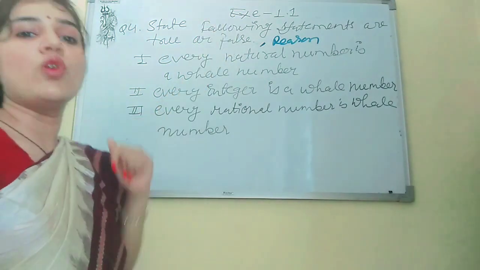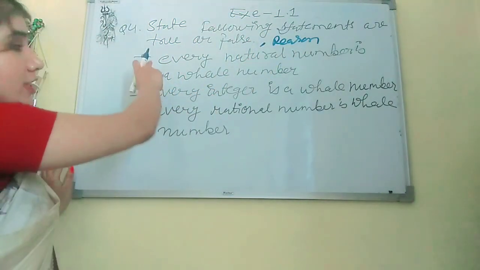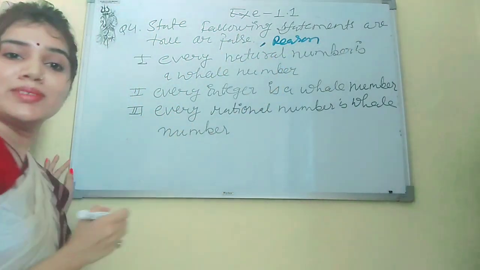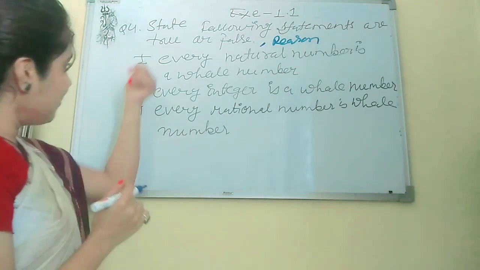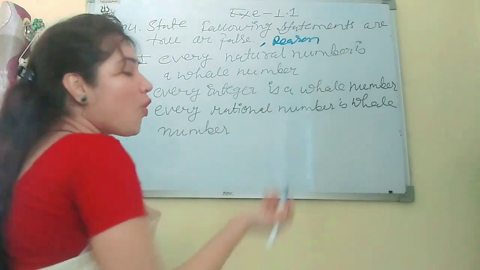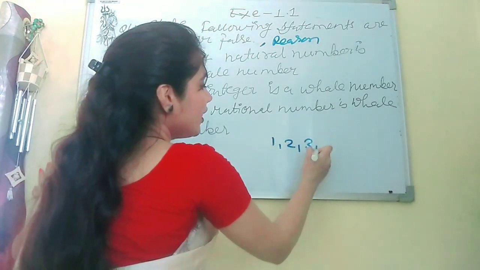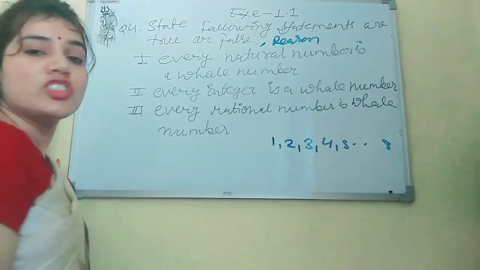Mention true or false, and also give the reason. So the first statement is every natural number is a whole number, which I have already discussed in my previous video. But let's see. What is a natural number? We know all positive integers like 1, 2, 3, 4, 5 up to infinity are natural numbers.